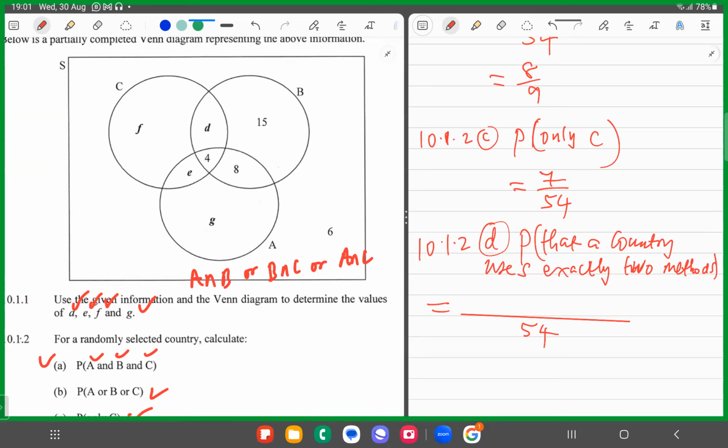Right, so we can see therefore that we have those countries, for instance there's A and B, and then you have B and C. How many of those countries are there? Okay, we got some of these here. Okay, let me put them back. D was 5, E was 4, F was 7, and G was 5.